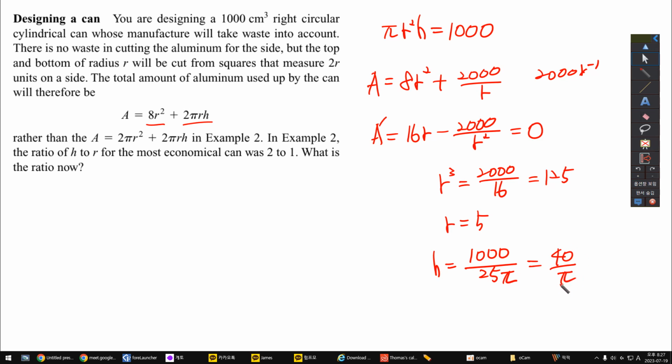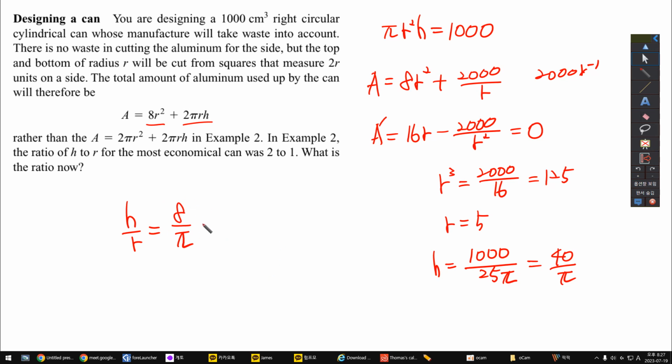And in this case, the ratio of h to r, that's 8 over pi. Okay. So the ratio is a little more than this 2 to 1 because pi is 3.14, but 8 is more than 2 times pi.